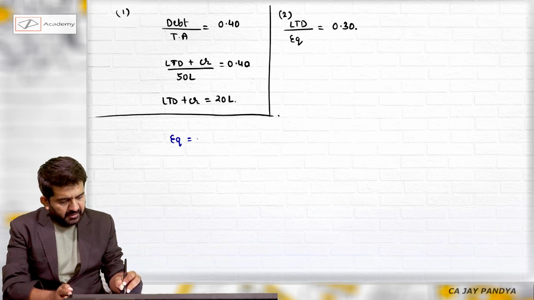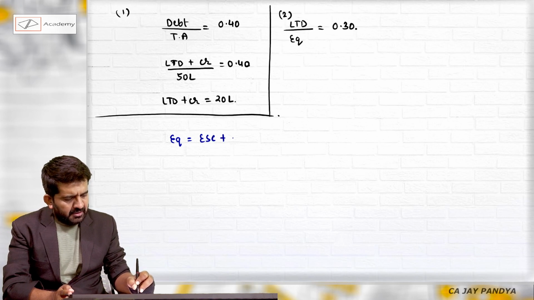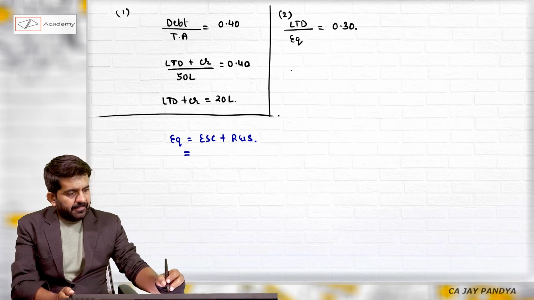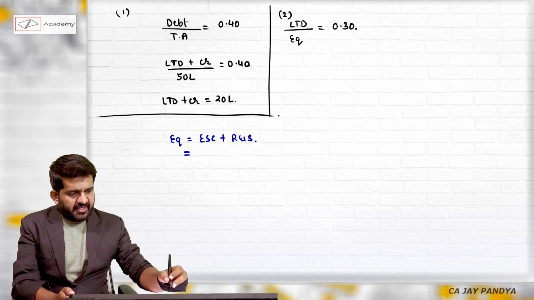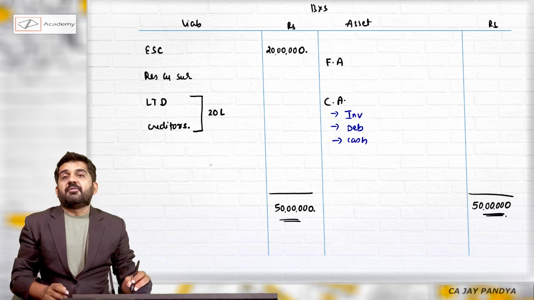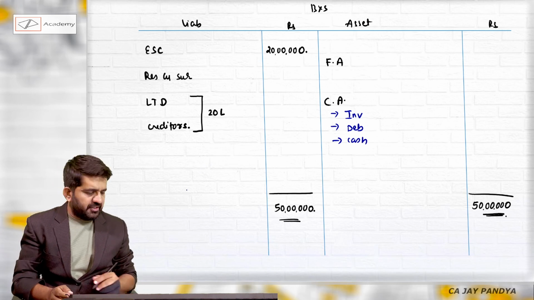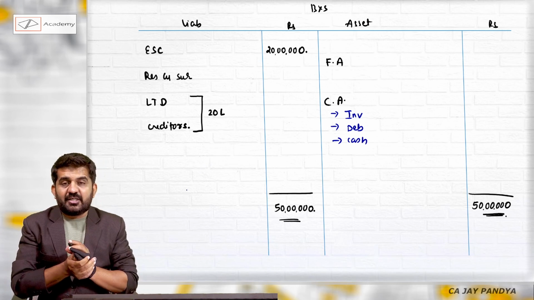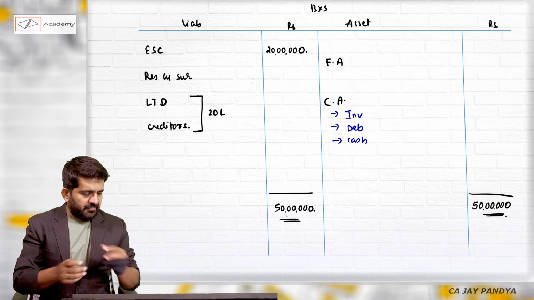Equity is equity share capital plus reserves and surplus. It is equity, not equity shareholders fund or equity share capital. But we are not having the idea of equity share capital and reserves and surplus separately. But we can get an idea from the information which is available.